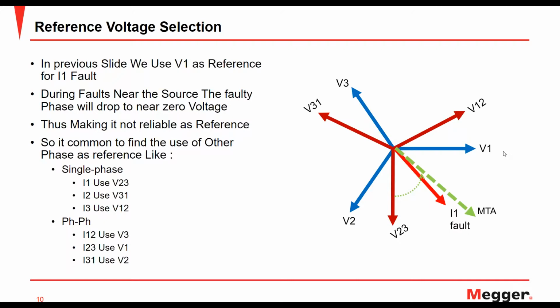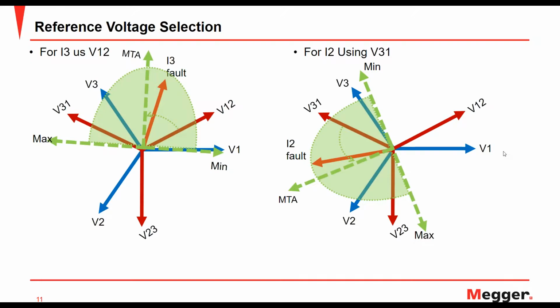And for the other phases, respectively, if you are asking, we are just shifting 120 degrees. So for I2, I'm using V31, and this is my MTA. And for I3, I'm using V12, and this is my MTA for that. So respectively, I'm using the other phases as my voltage reference, thus giving me the most reliability and least problems.